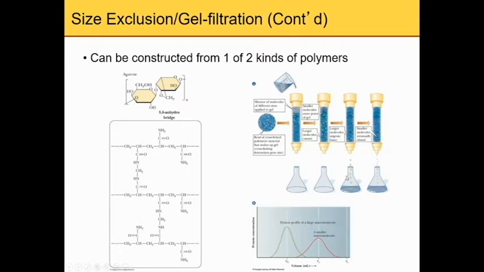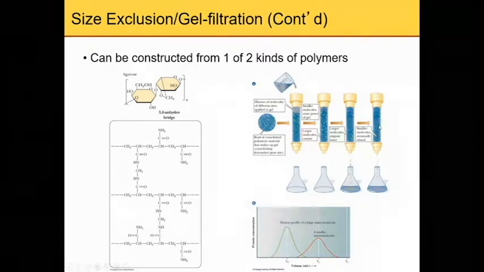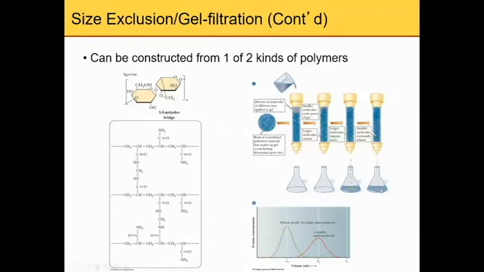Therefore, you will collect those proteins first, and then later on, the smaller proteins will also eventually come out of the resin. Then you will be able to collect them. So that's how you separate proteins based on their molecular weight, and so we call this size exclusion chromatography.